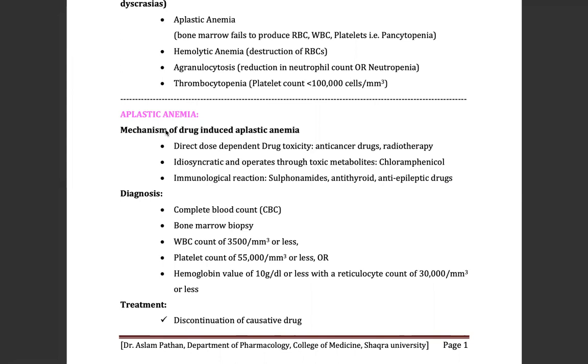Suppose, as an example, I click on this aplastic anemia, which is in purple color. We will move towards the landing page with further information from Medscape. It's loading slowly.